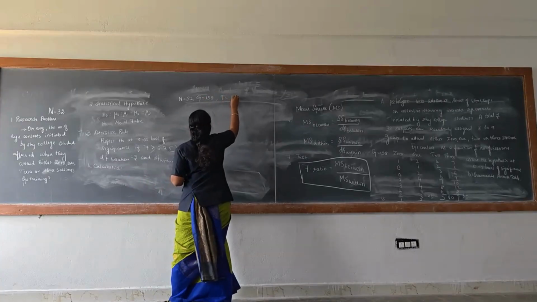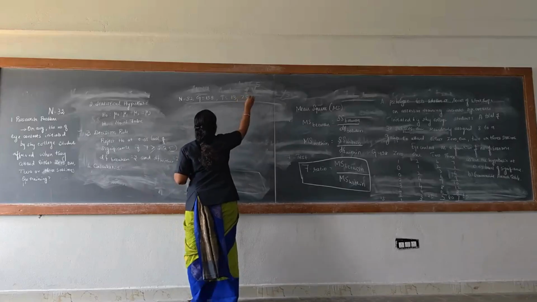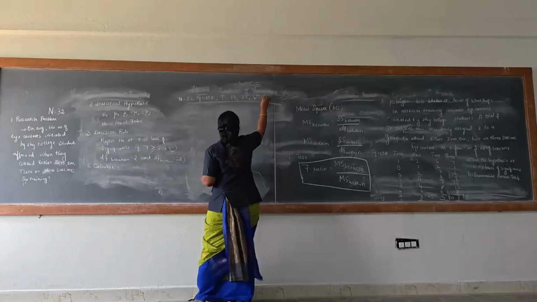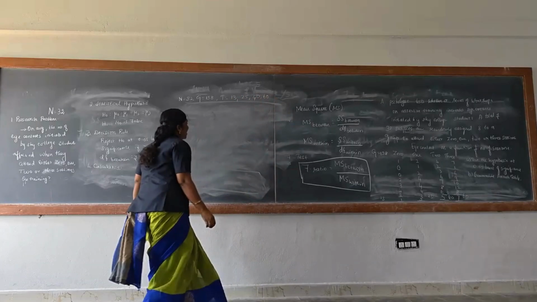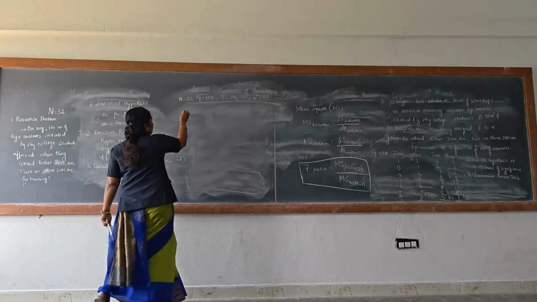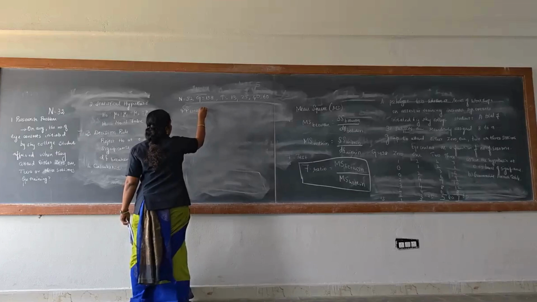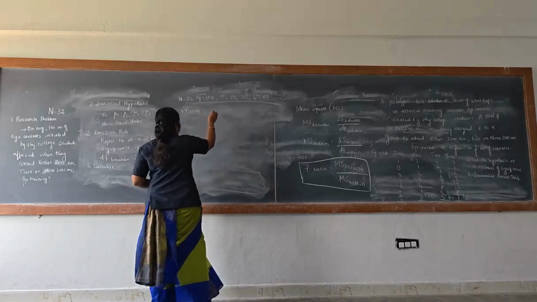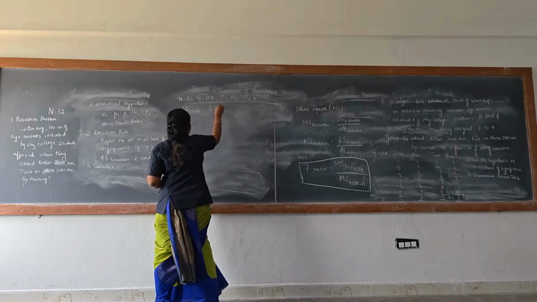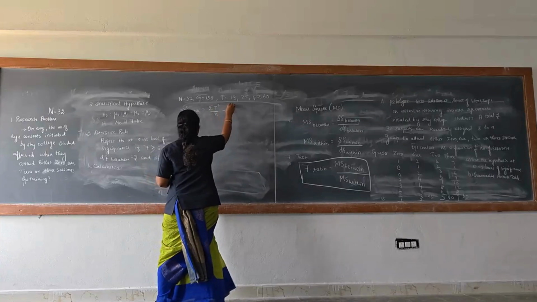So you can start with the sum of squares process. First you have to calculate the total sum of squares. The SS total formula is summation T square divided by n minus G square divided by capital N. You already know the T values.